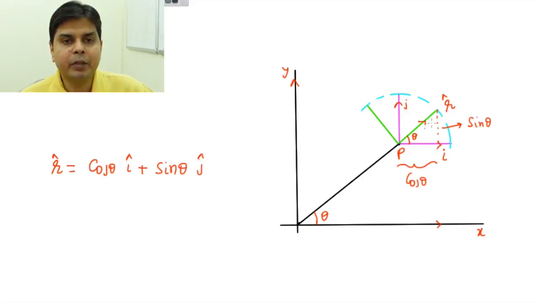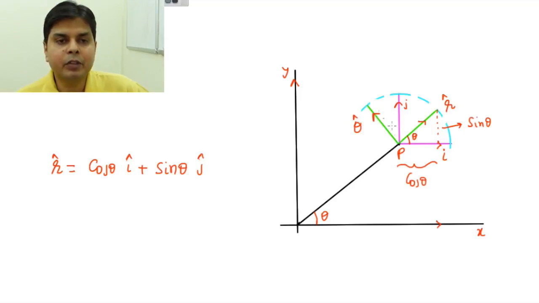This is my r cap in terms of i and j vector. Similarly, this is my theta cap. In order to find theta cap, you see this angle between r cap and theta cap is 90 degrees. So obviously when I draw, say, a horizontal here, this angle will be 90 minus theta.